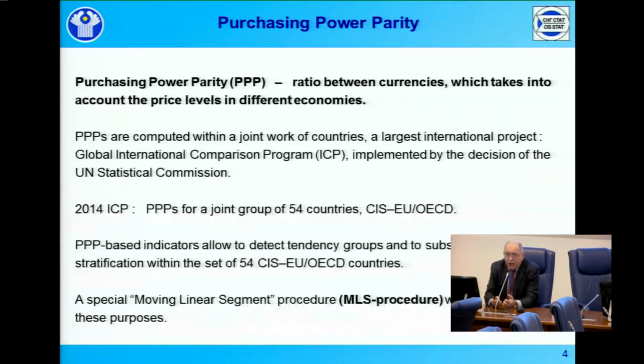So everything that I'm going to present further, sure, can be done for the whole world, but I took this part of data, not only because CIS-Stat is a regional coordinator for the CIS comparisons, but also because there is very fruitful data for analysis, this CIS-EU OECD data.